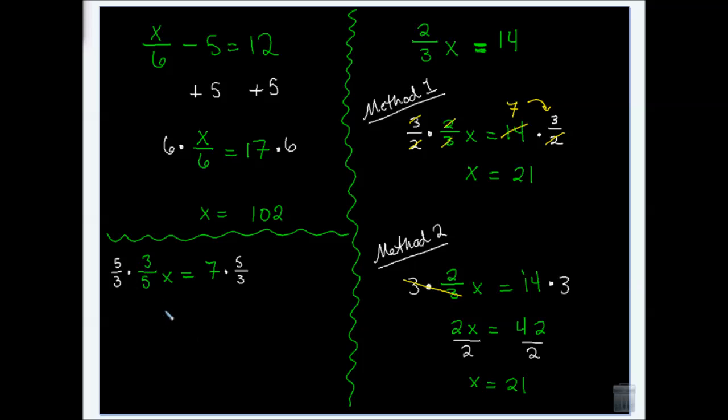And these will cancel out, so I'm left with x. And what I have to do now, because 3 doesn't go into 7, I multiply the 7 times 5. And I get 35/3. Which, if I was doing a decimal, it would be 11.67, approximately.